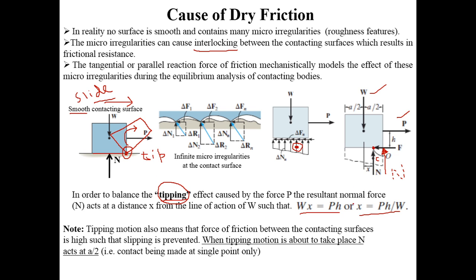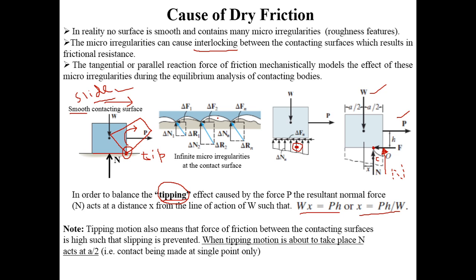And this is why I say that if the calculated value of X is equal to A by 2 or greater than A by 2, you say that the applied force will cause tipping instead of sliding. And if this value of X comes out to be less than A by 2, we say that the applied force has a tendency of just causing sliding. So there are two possibilities whenever a force is applied on an object.